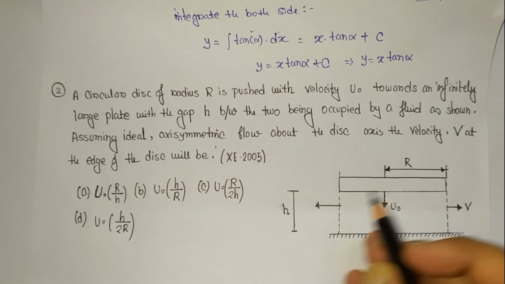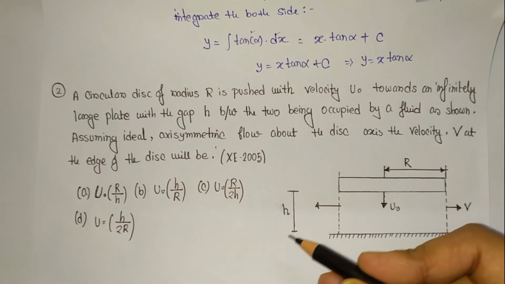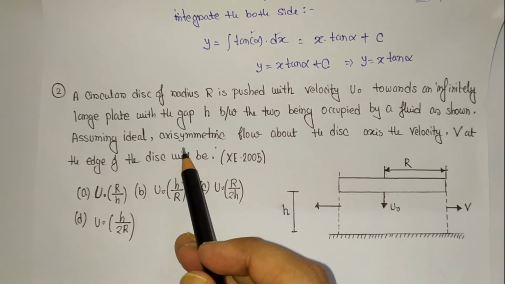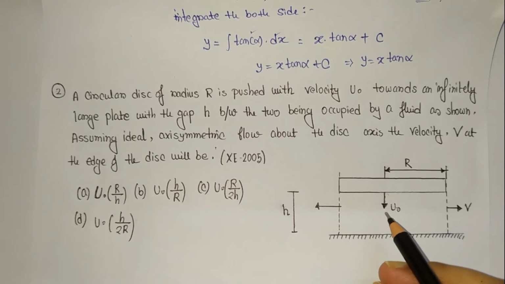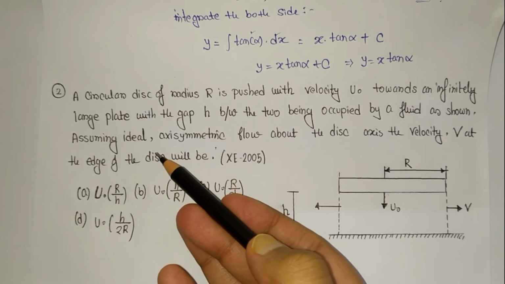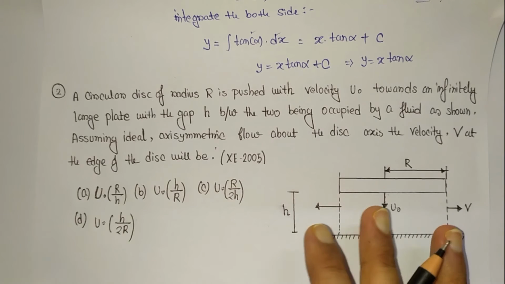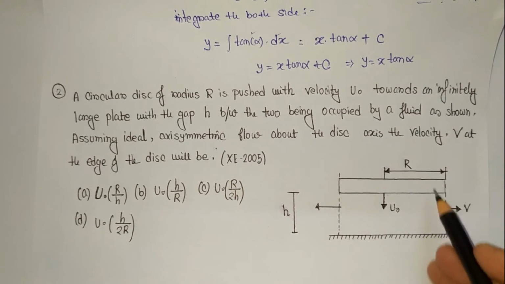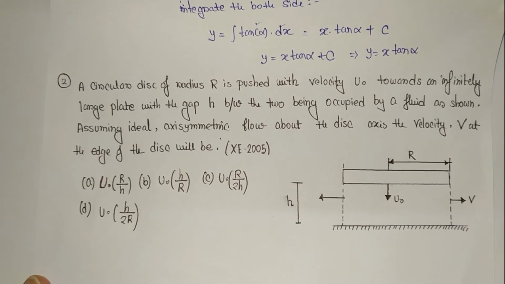See, due to this push, the fluid will also try to resist this force. As the fluid is ideal, it is incompressible also; it is a property of ideal fluid. Now how can we calculate the velocity at the edge of the disk? For this we have to use an equilibrium equation.